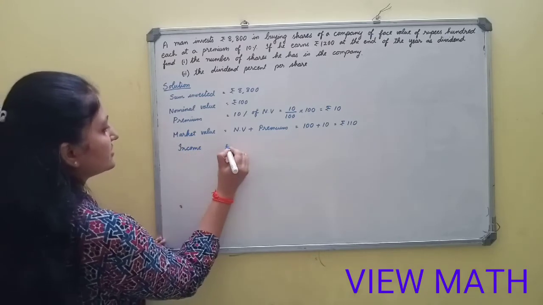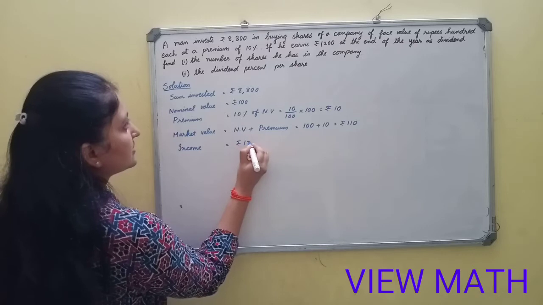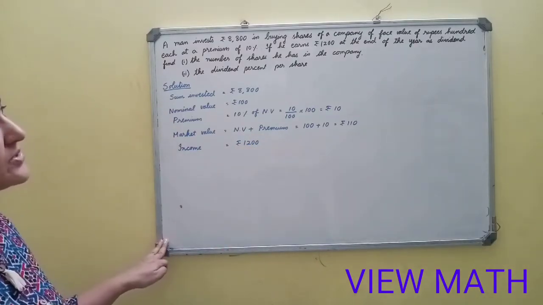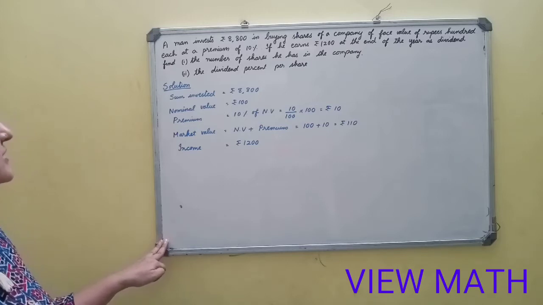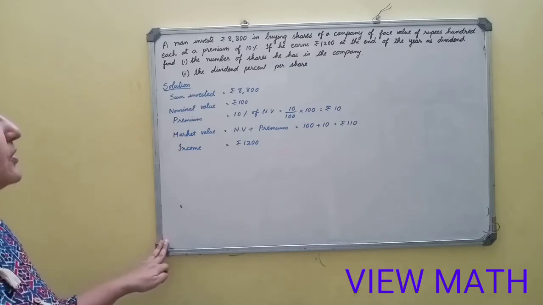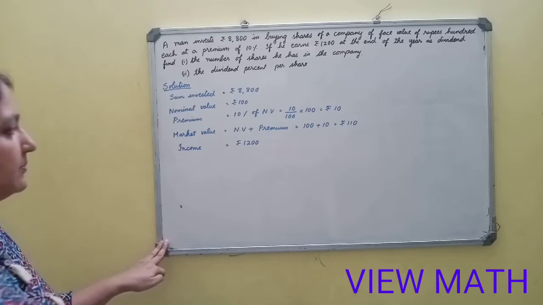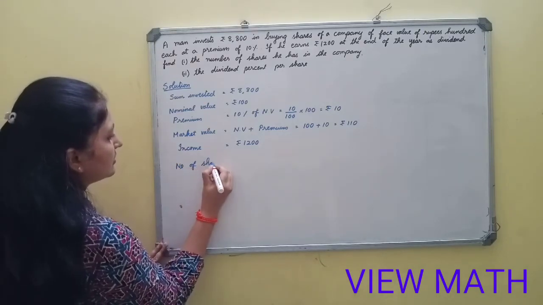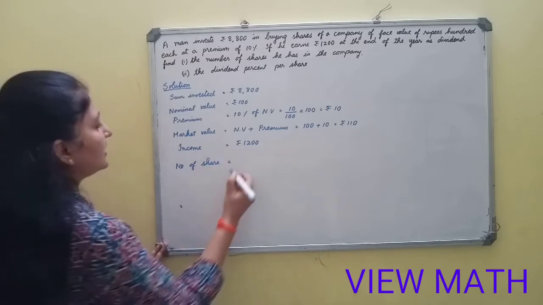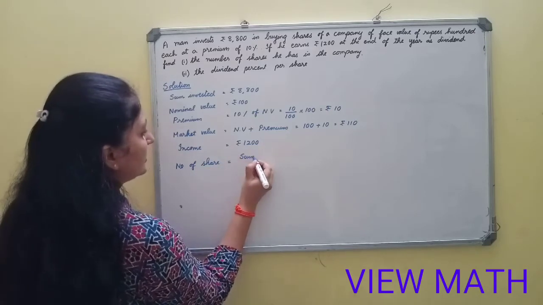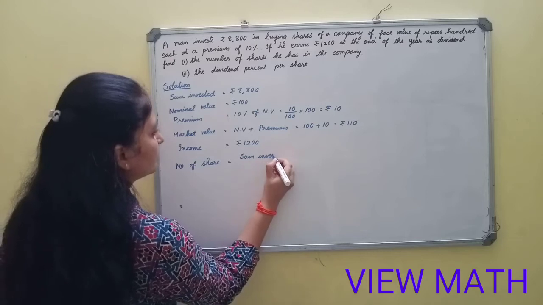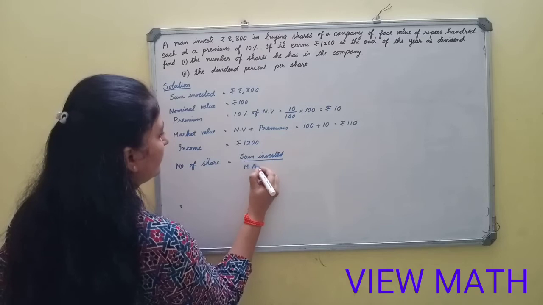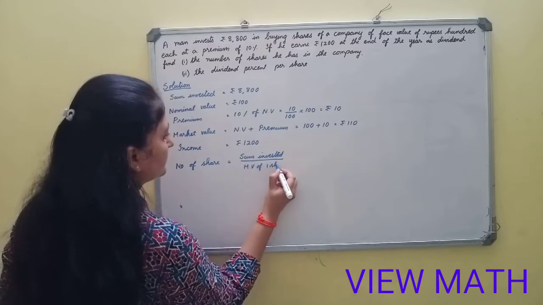Dividend or income or returns. Income is rupees 1200. First they are asking us to find the number of shares he has in the company. Number of shares. We have two formulas. First formula, sum invested divided by market value of one share.